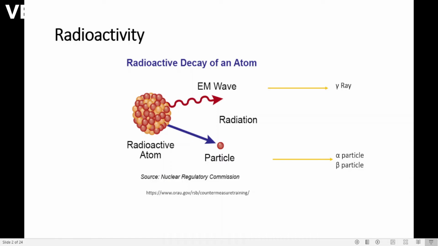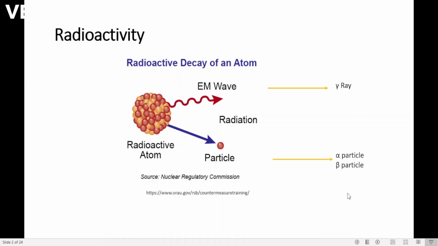And remember, certain combinations of protons and neutrons will either make the nucleus stable or not. If the nucleus is not stable, there is an excess of energy there which needs to be released, either in the form of electromagnetic wave, gamma ray, or particles, alpha particles, beta particles.